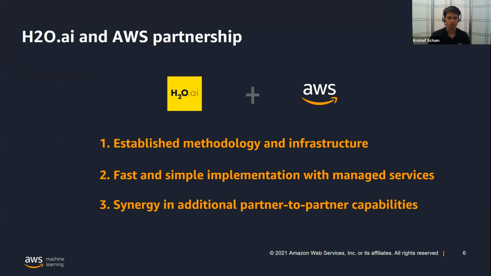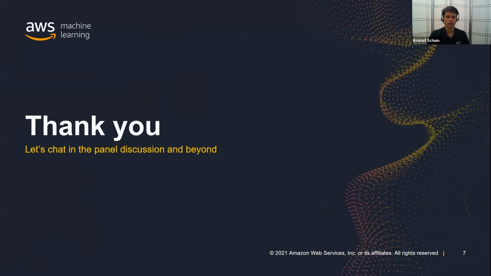We're really excited about onboarding more of H2O Wave, H2O-3, and Driverless AI, and I'm happy to answer any questions in the chat panel discussion with my peers. Thank you.